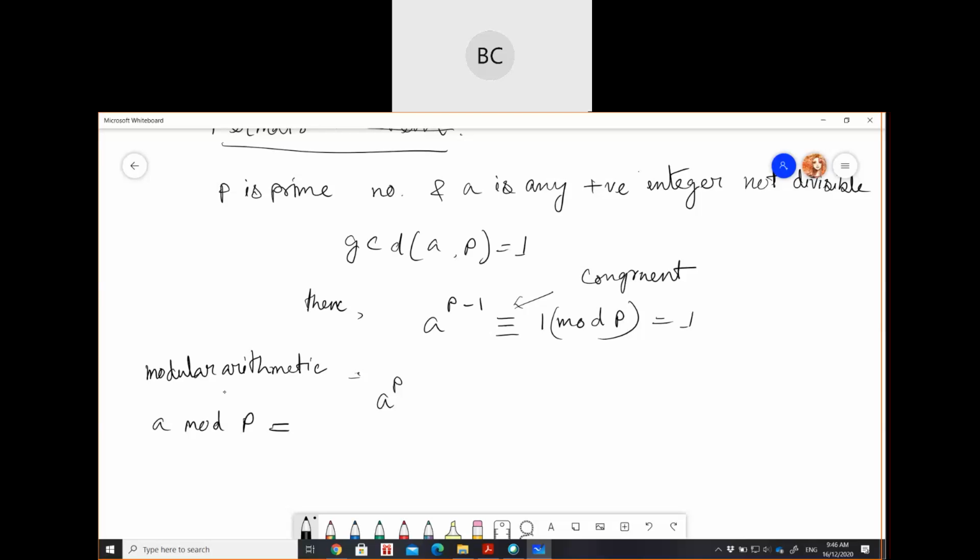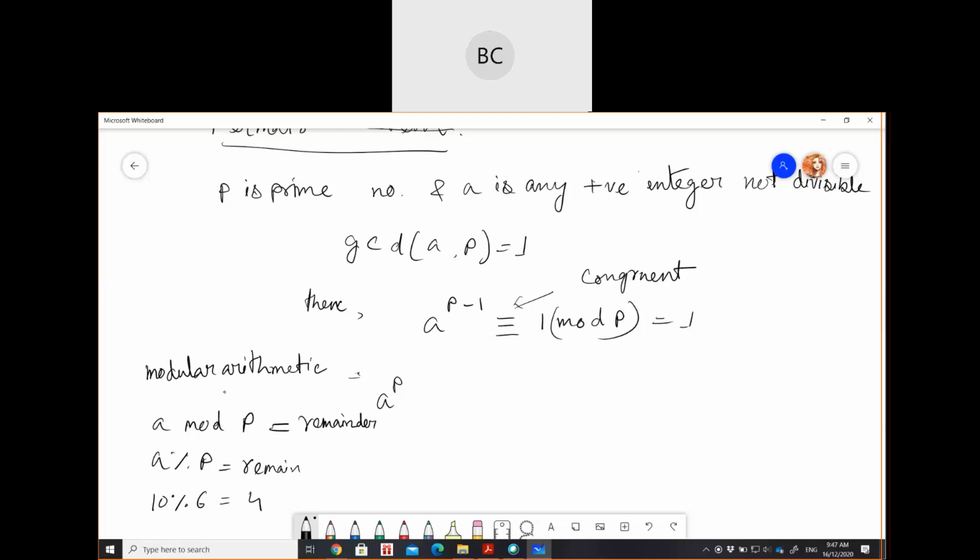Yes, it will be the remainder. So if it's A mod P, you will always write the remainder. If you say 10 mod 6, 6 into 1 is 6, then it will be 4.